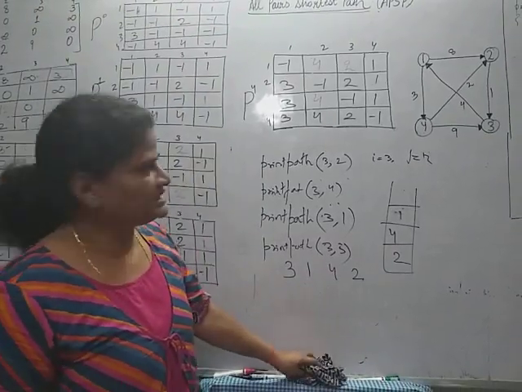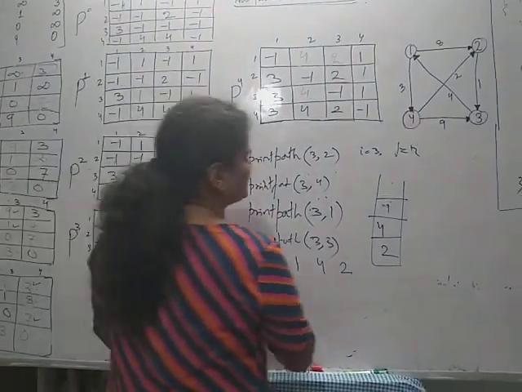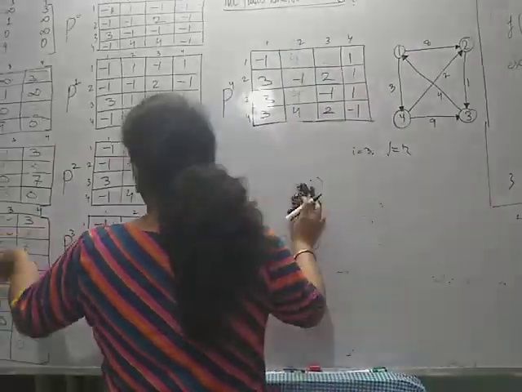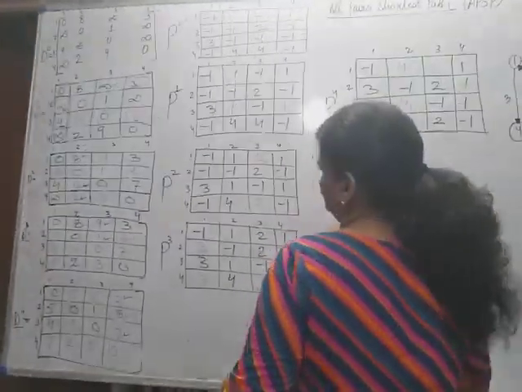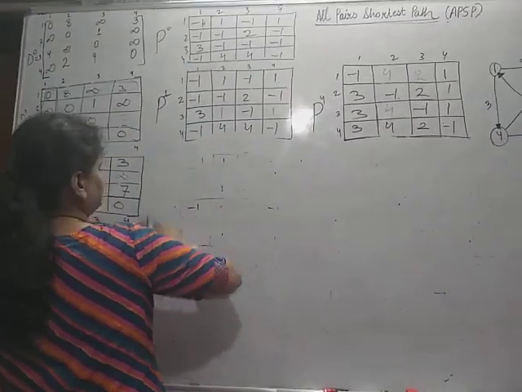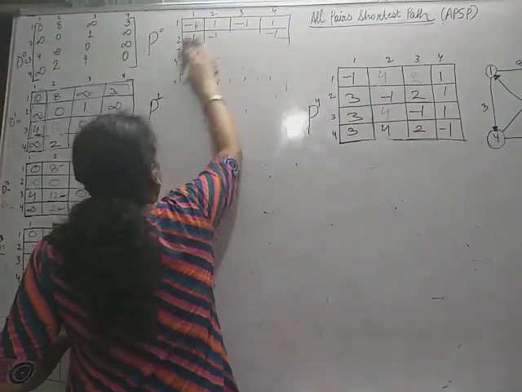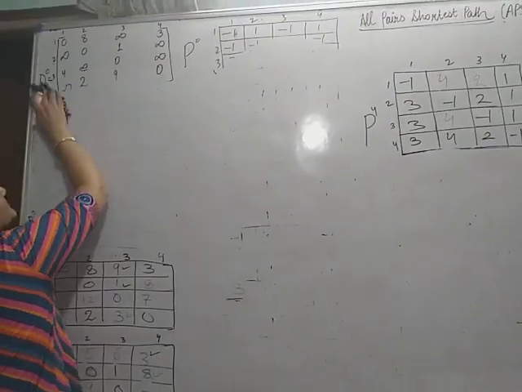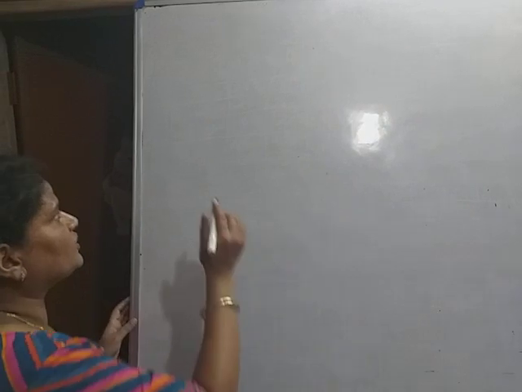So in this way, by using this function, the shortest path between every pair of vertices is generated. Now I am giving the algorithm for generating this path matrix as well as the distance matrix. What is the code for the Floyd-Warshall algorithm?